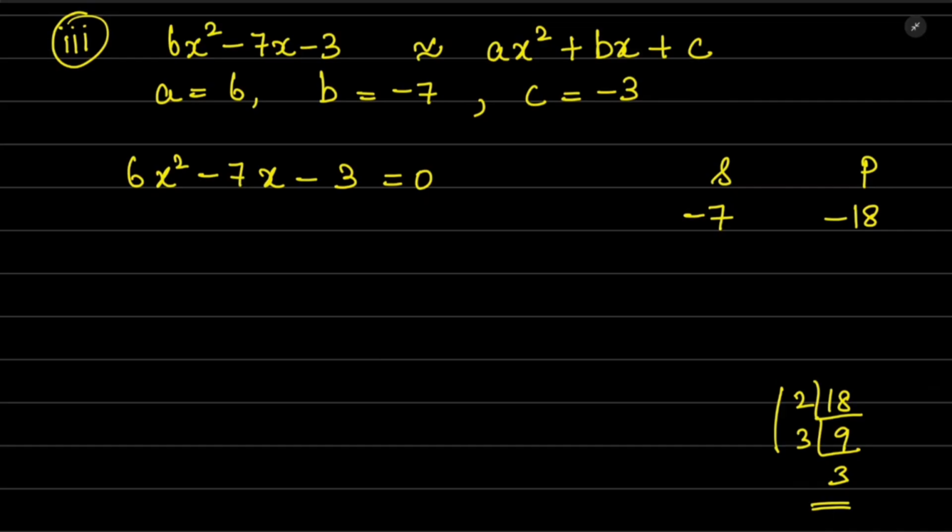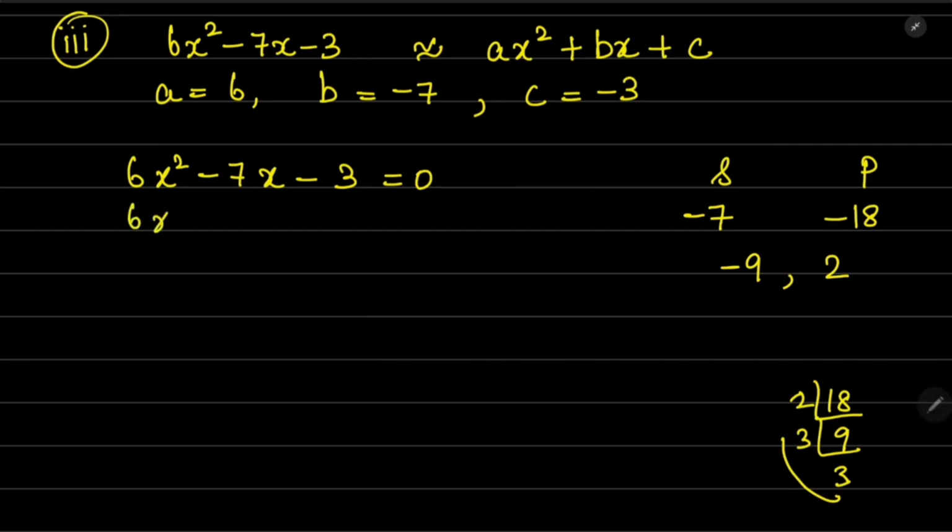So let us try with some other combination. Okay, so here if you take 3 into 3, 9 and 2. Yeah, definitely you will get minus 7 if you put a minus sign to the greater number. So minus 9 into 2 you will get minus 18, and minus 9 plus 2 you will get minus 7. So these are the two values for splitting the middle term.